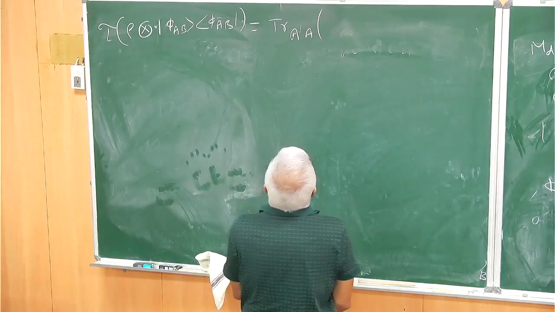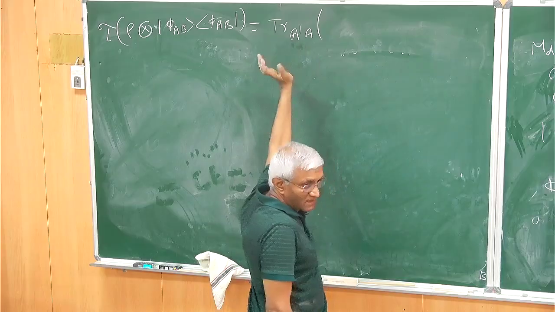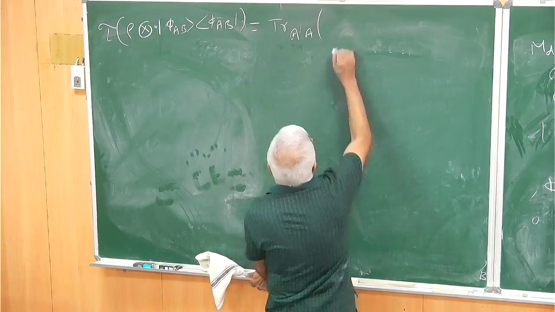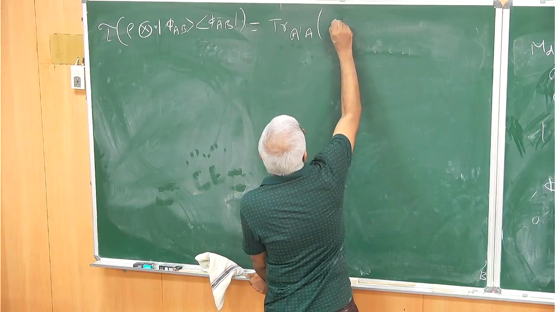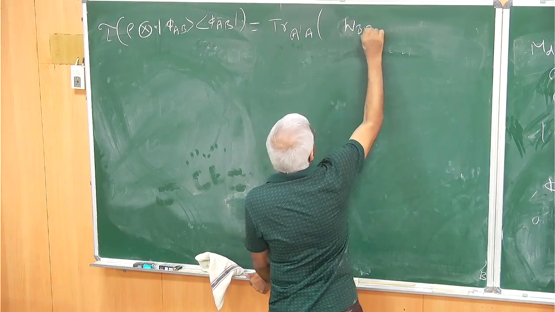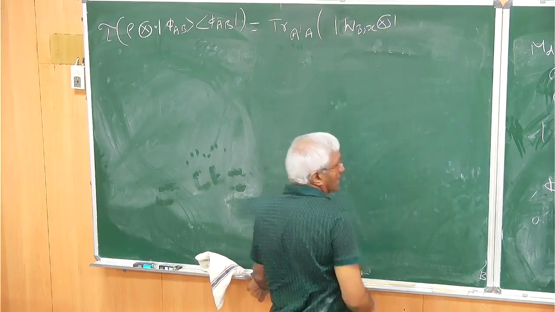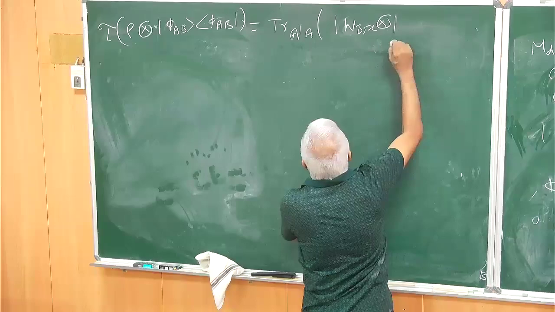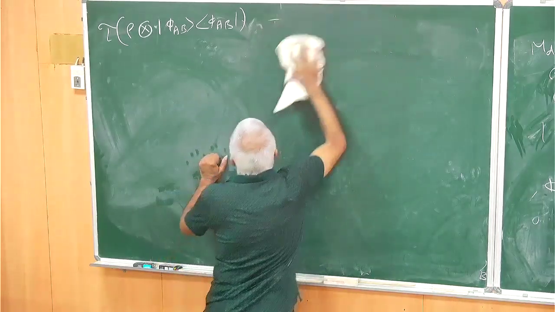Trace A prime A, which is the partial trace; you can take it as the usual scalar trace tensor 1 if you want, acting on phi xy, which is going to be W Zx tensor 1. That phi is going to be k prime. That's a summation, and I'll write it down.